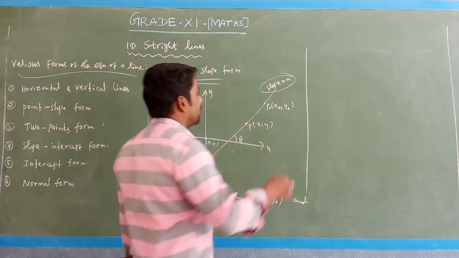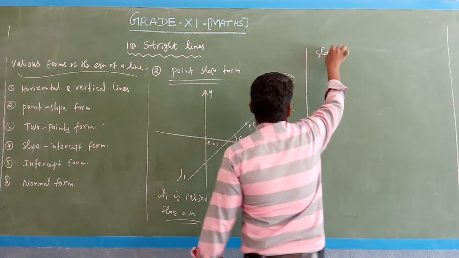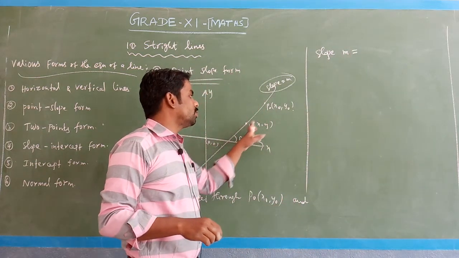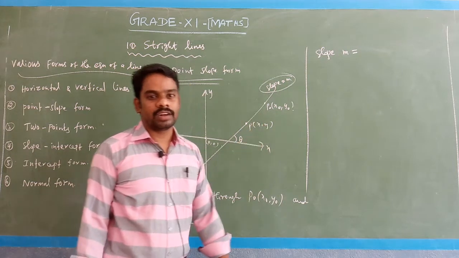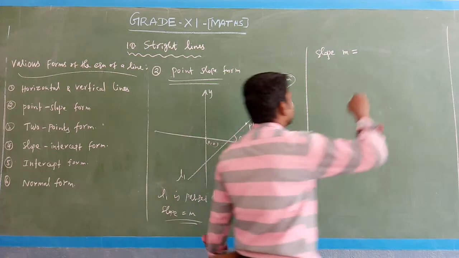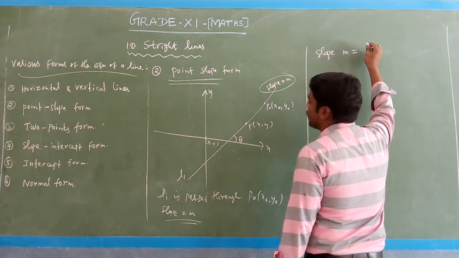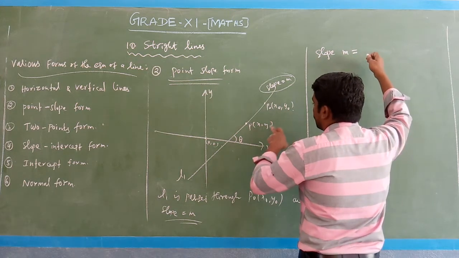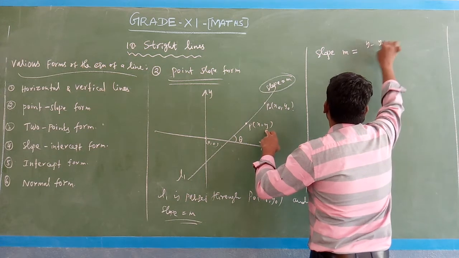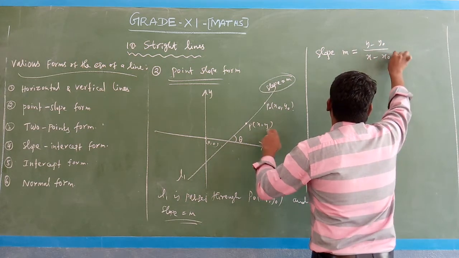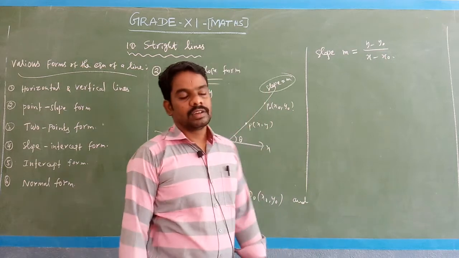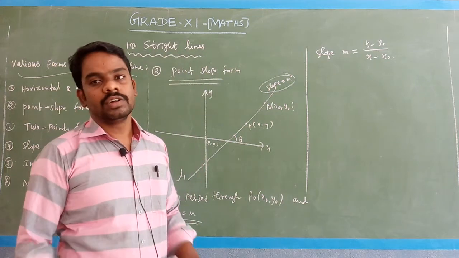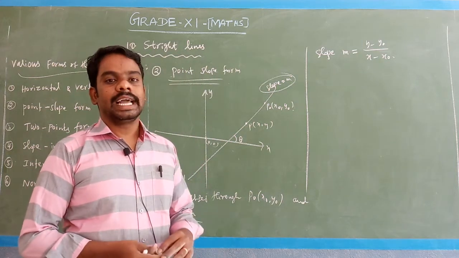The slope m is the slope of the line passing through two points, x comma y and x naught comma y naught. We know the formula is y2 minus y1 divided by x2 minus x1, from Exercise 10.1.